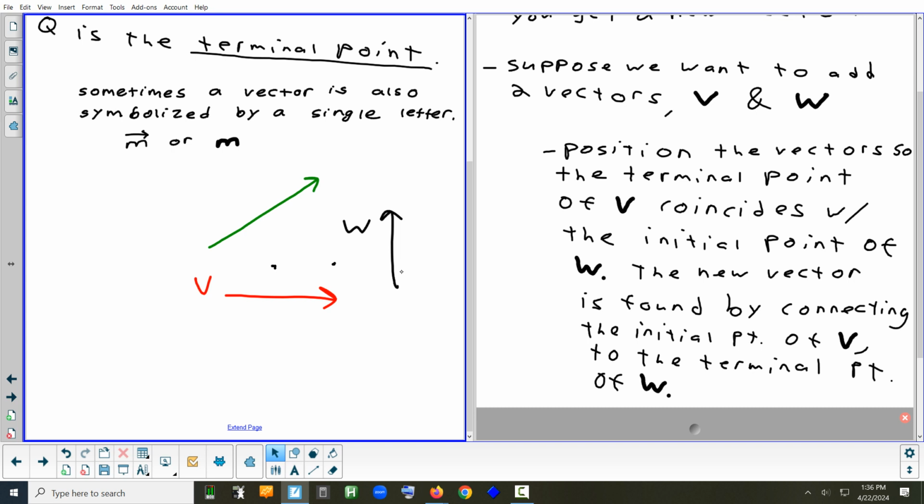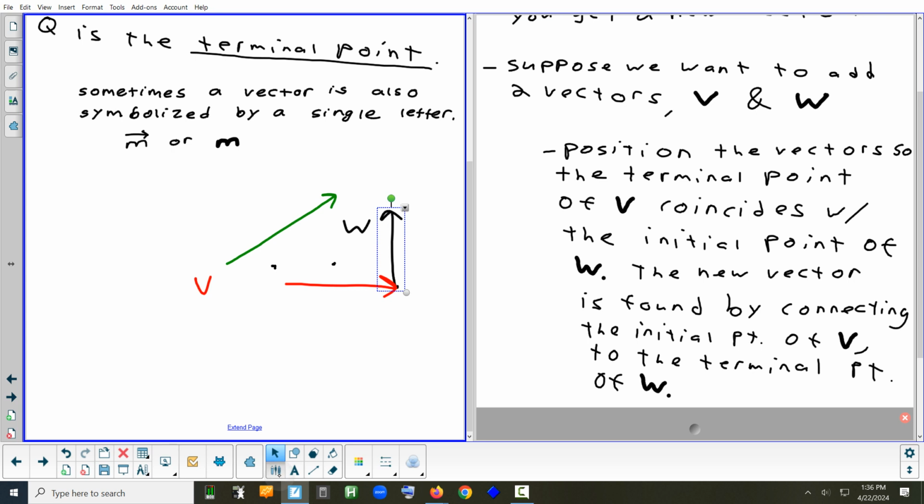Despite that, the terminal point of the green vector still matches up with the terminal point of the W vector. That's just how you draw your final answer. Final answer is always beginning to end.